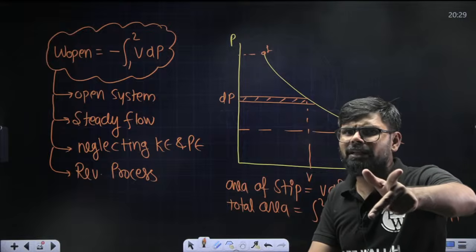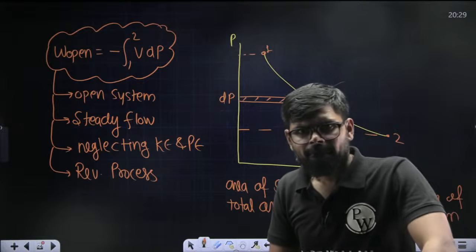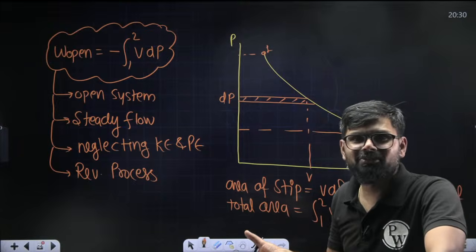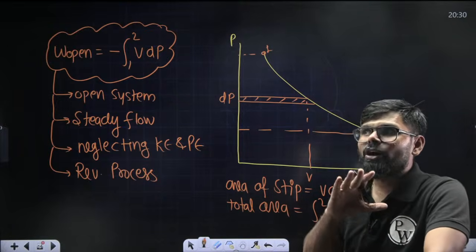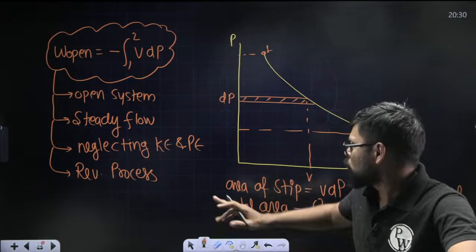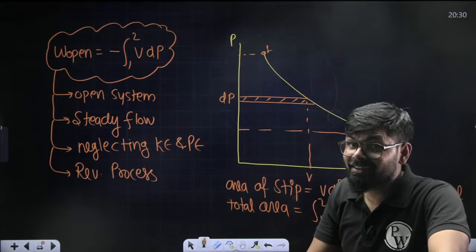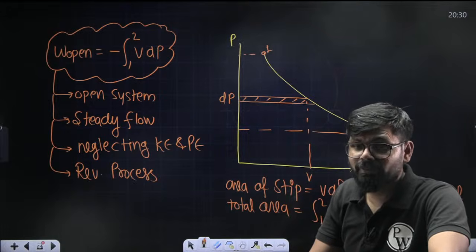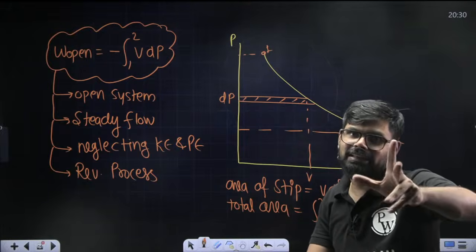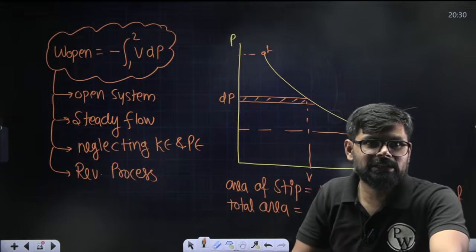Ideally, in this subject we are talking about ideal cases everywhere. So ideally the heat exchanger is a constant pressure device and the work value will be 0 because VdP is 0. Practically, can you tell me whether the pressure will decrease or increase in a heat exchanger?